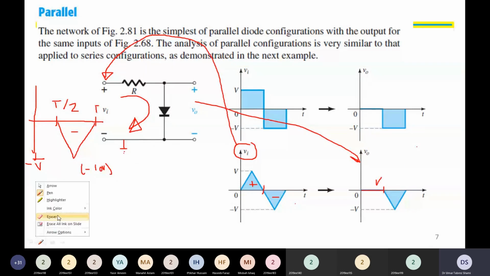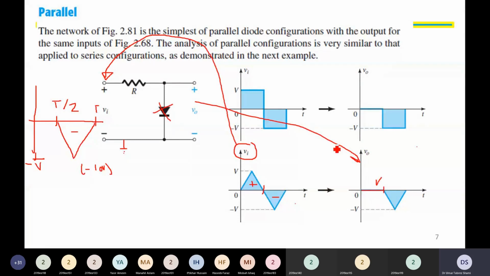So first of all, what will happen is that our diode will be reverse biased. Diode will not conduct. Diode will not work. It will be reverse biased. And when the diode is reverse biased, zero current will pass through resistor R, and all of the voltage available at the input will now be available at the output.